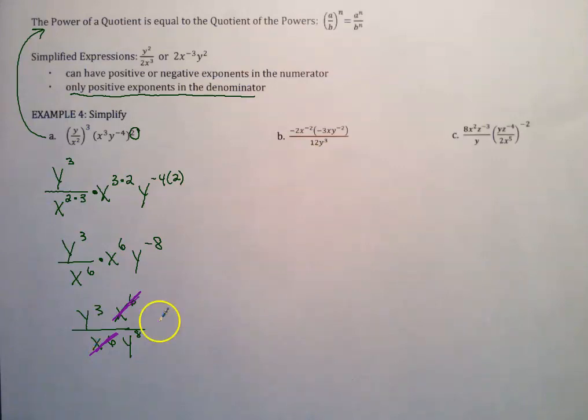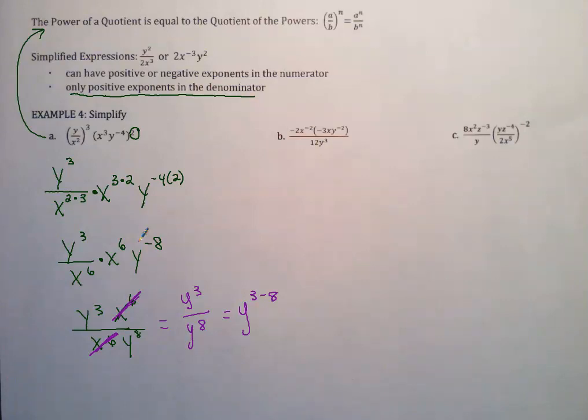Okay. Right, but we talked about at the beginning when they're divided, it is equivalent to y to the 3rd minus the 8. Yeah. Well, it was up here. That's not our answer. We would have to take that further.